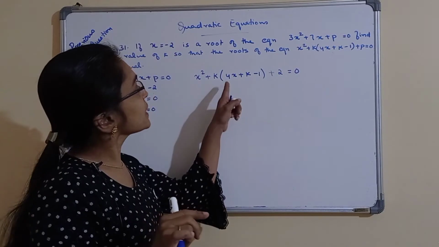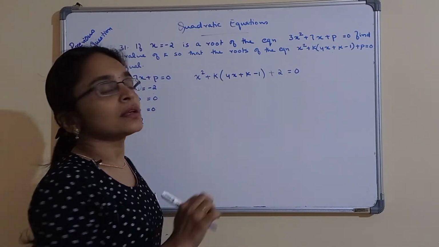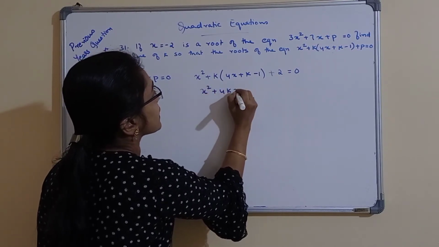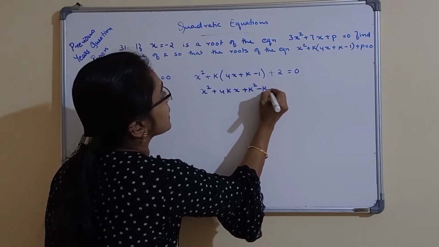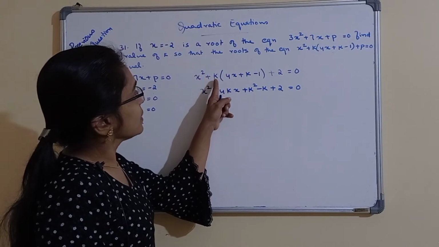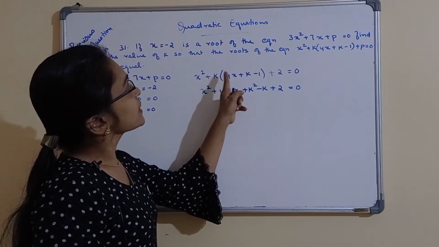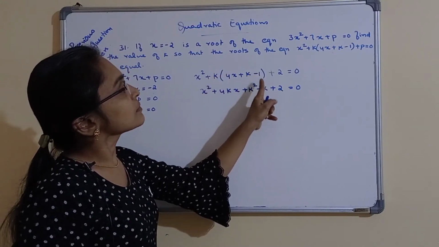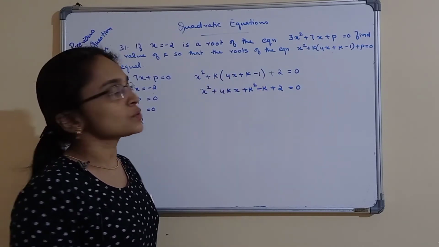Now we can write this as a quadratic equation in terms of x. So we can write as x square plus 4kx plus k square minus k plus 2 is equal to 0. That is x square plus 4kx, and now k into k is k square, minus 1, minus 1 into k is minus k, plus 2 equal to 0.